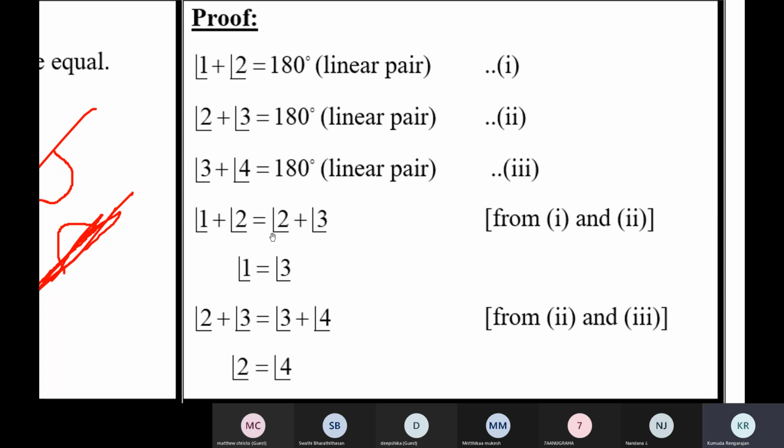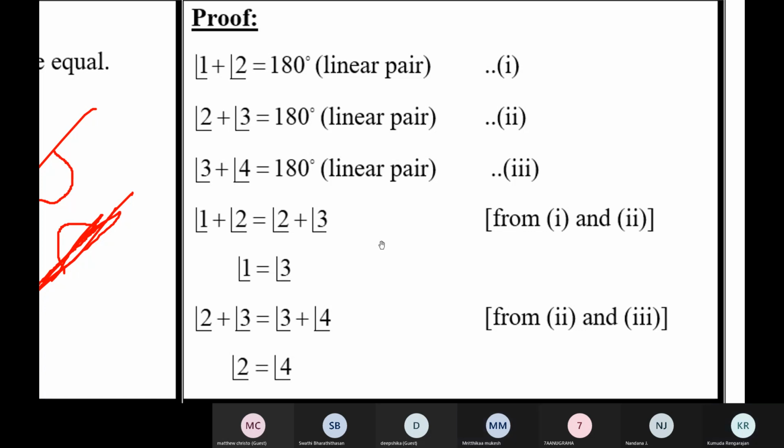When you have the same quantity on either sides of an equation, you can cancel them. So angle 2 in the left hand side and angle 2 in the right hand side get cancelled. So you're left with angle 1 is equal to angle 3.